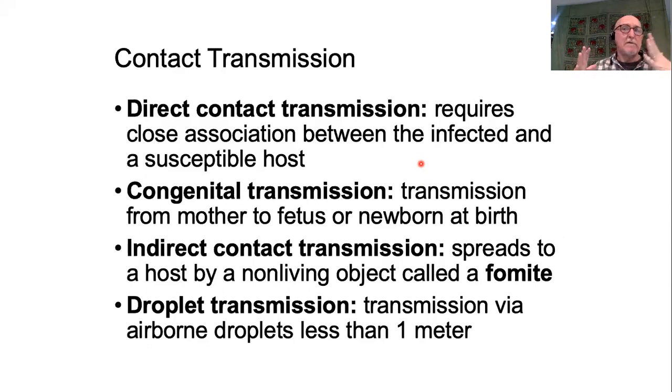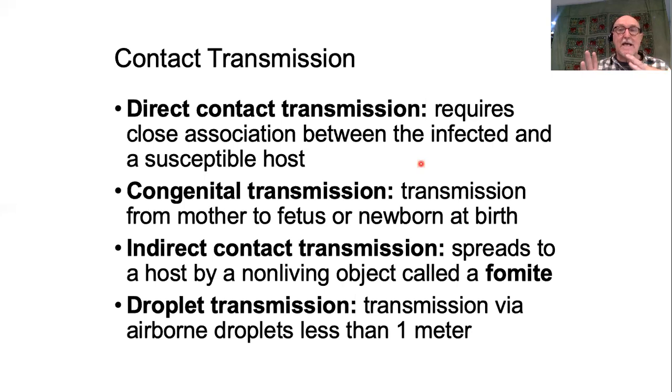So there's got to be a close association between an infected person or an infected reservoir member and then the future host. That is very commonly the case. Congenital transmission is transmission from mother either to the fetus or to the newborn at birth. And there are several, especially viral diseases, where this can occur.